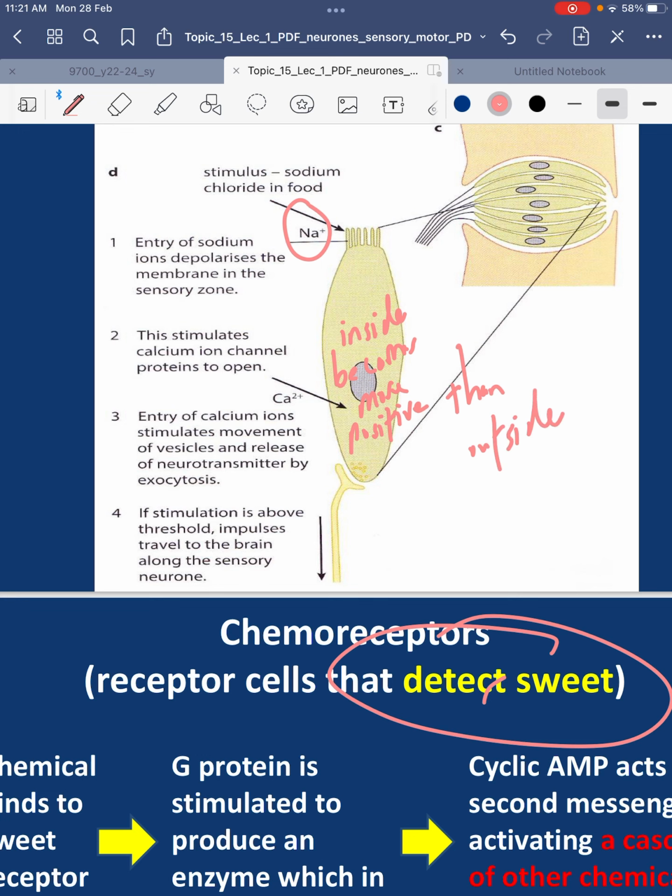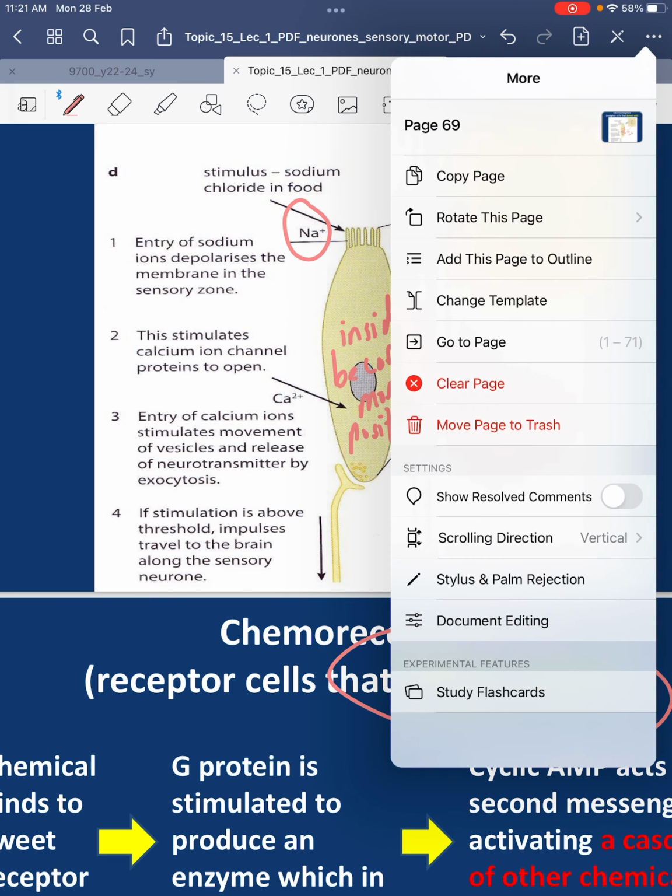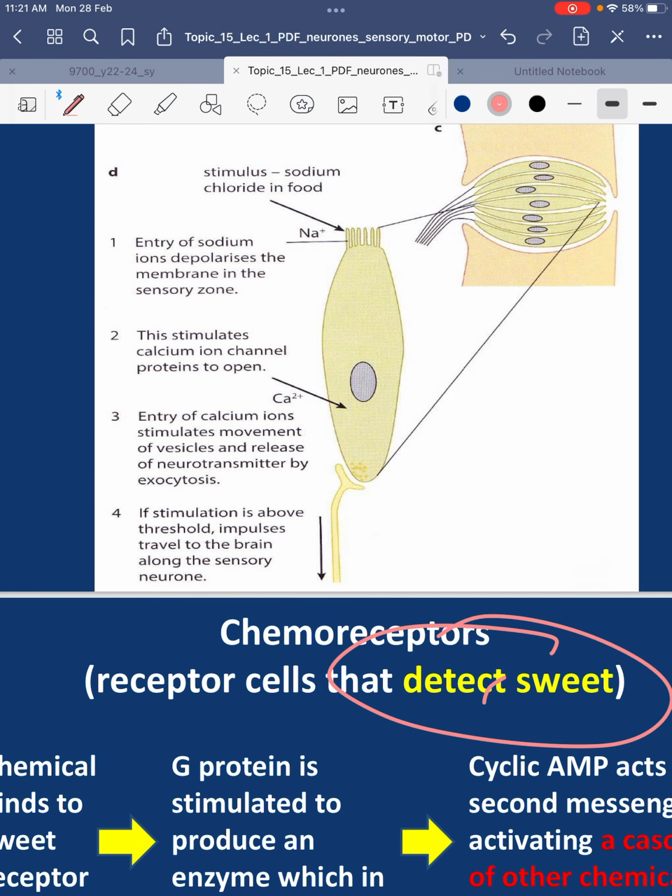Entry of calcium stimulates movement of vesicles and release of neurotransmitter by exocytosis. Sorry, before that, if I can repeat, the entry of sodium here means the inside now becomes more positive than outside.